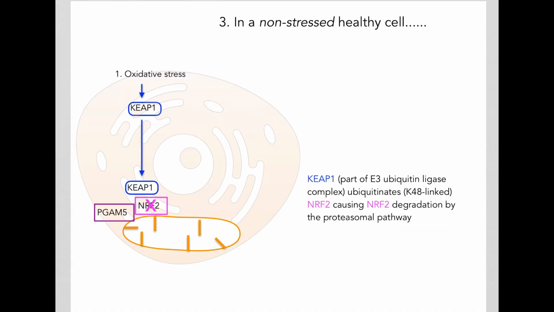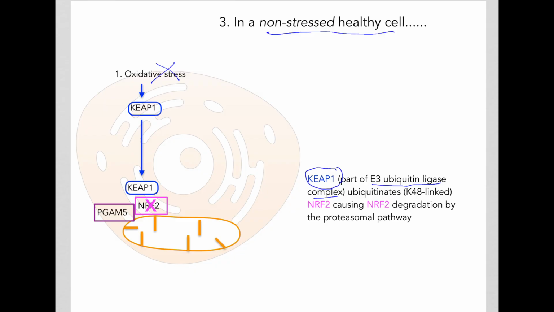Now, when there is no oxidative stress, or when the oxidative stress is very low, so basically in a non-stress healthy cell, KEAP1 will have a certain shape. Now, this protein is part of the E3 ubiquitin ligase complex.